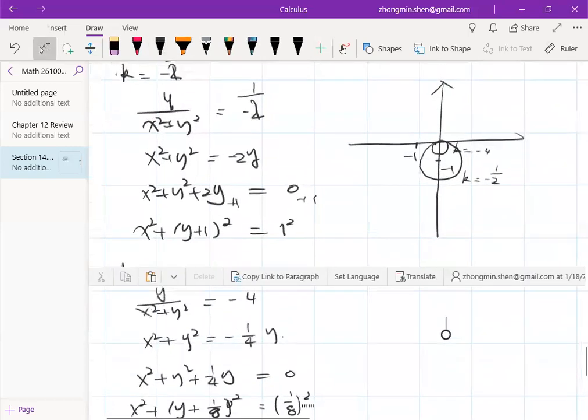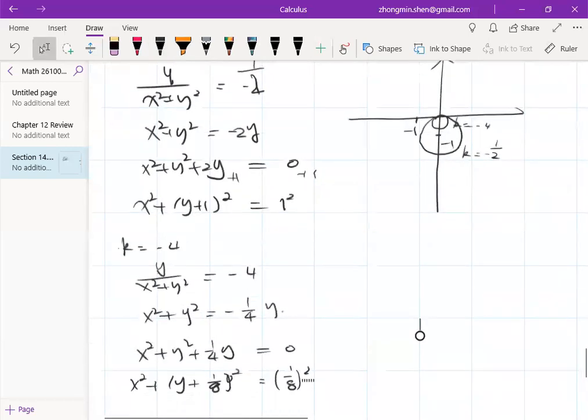So anyway, you get a bunch of circles now. Here k is still negative, but as k approaches 0, the circle is getting larger, and then the limit of those circles will be the x-axis.